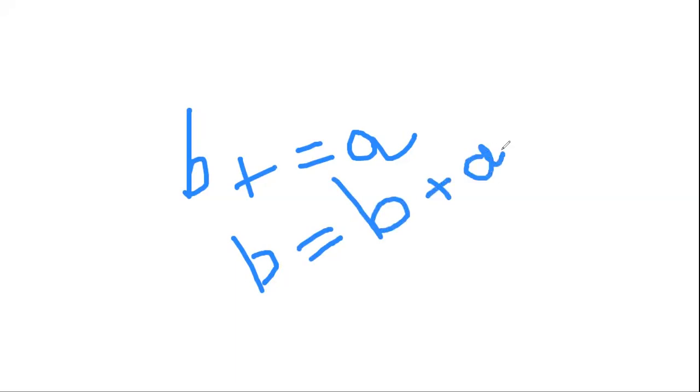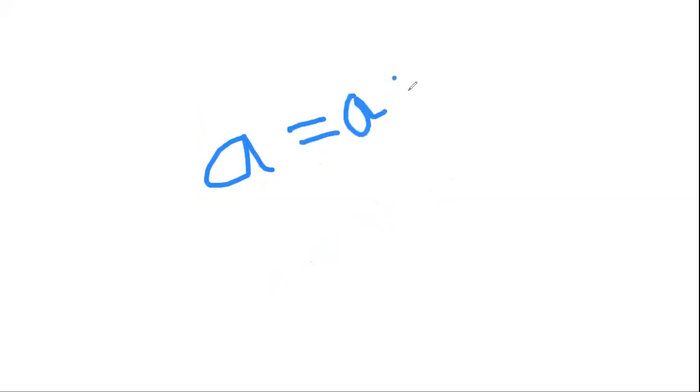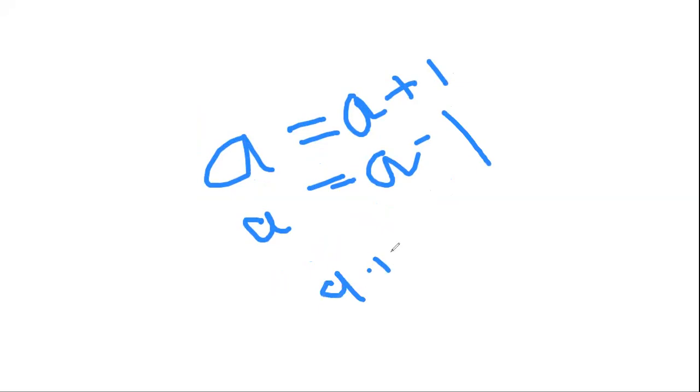Okay. So if I have something like A equals to A plus 1 to be written, or I have to write A equals to A minus 1. So what I will write, instead of this, I can write A plus equals to 1, or A minus equals to 1.